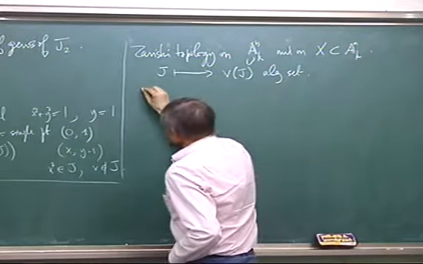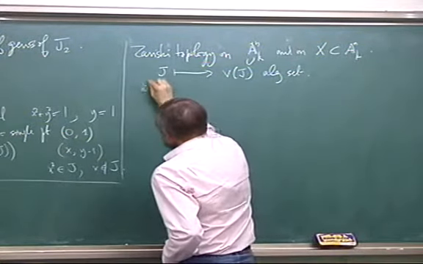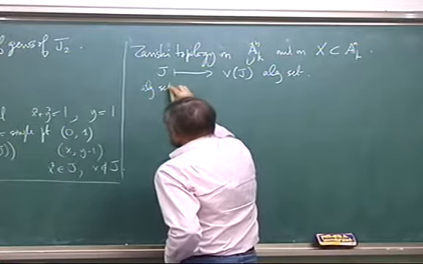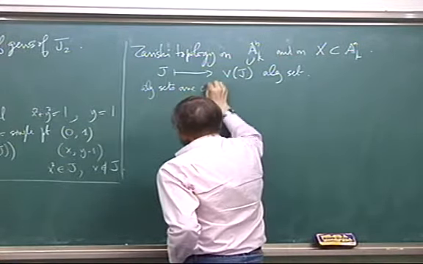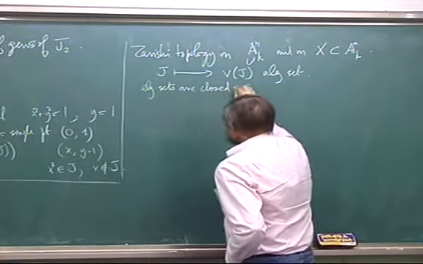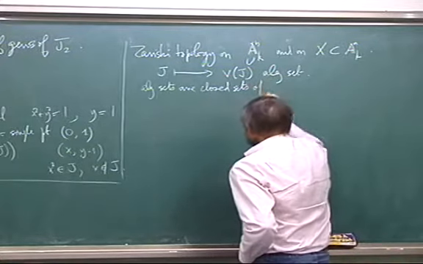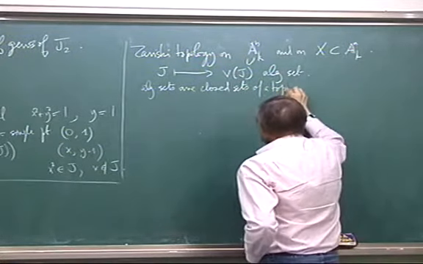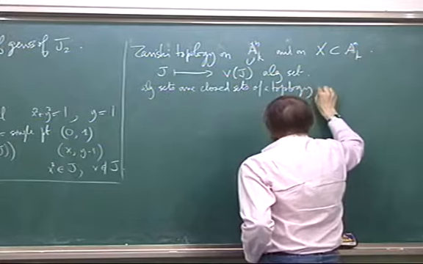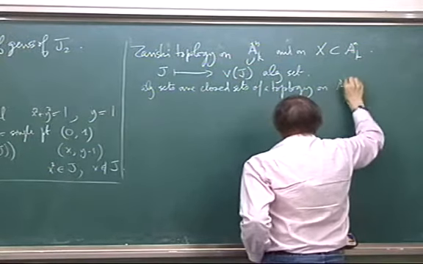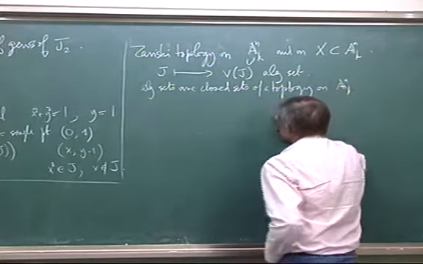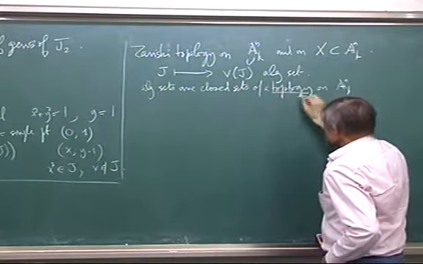And the algebraic sets are the closed sets of a topology on A^n. This is called the Zariski topology.